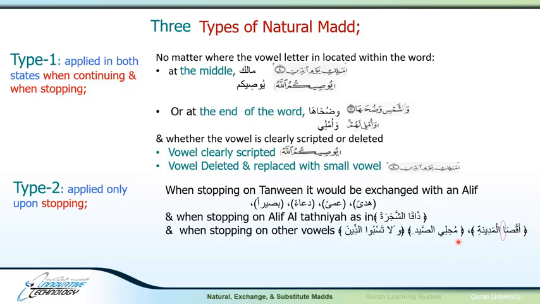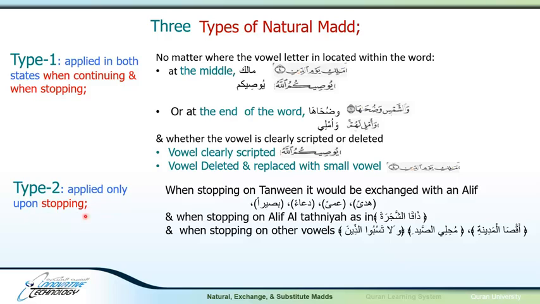Same thing for muhilli as-sayd. If we stop on muhilli, then we pronounce the mad. وَلَا تَسُبُّ الَّذِينَ. If we stop at the waw, تَسُبُّ, وَلَا تَسُبُّ, then we pronounce the mad. So the mad in these cases is applied only upon pausing the recitation or stopping on the vowel of the mad.